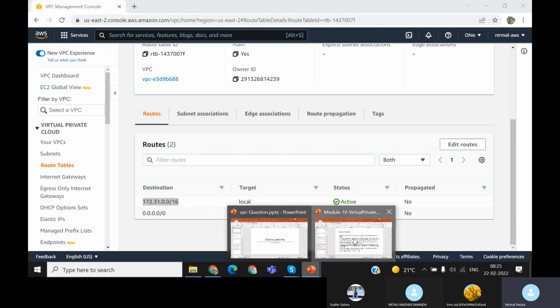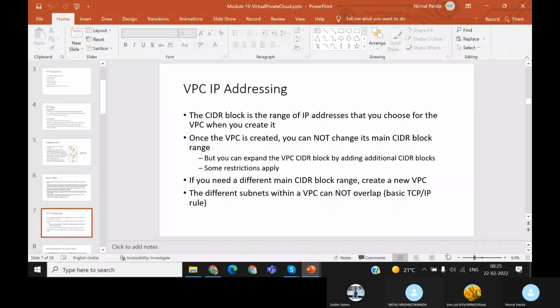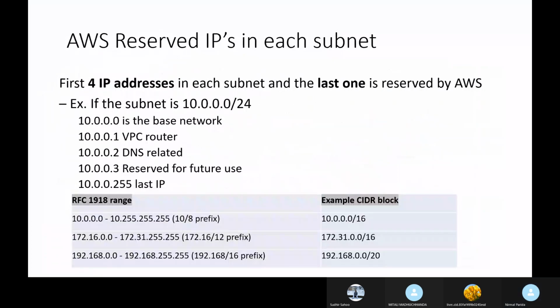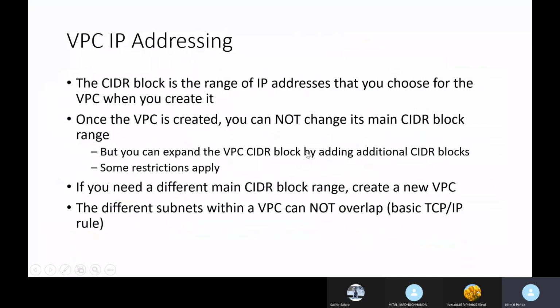So let me explain about IP range, IP addressing. VPC IP addressing. The CIDR block is the range of IP addresses that you choose for the VPC when you create it. So once the VPC is created, you cannot change its main CIDR block, right?